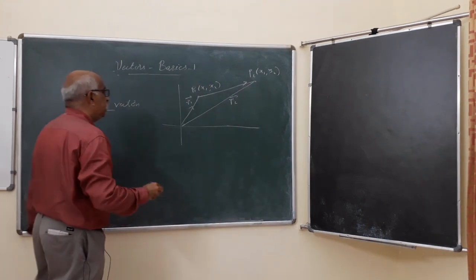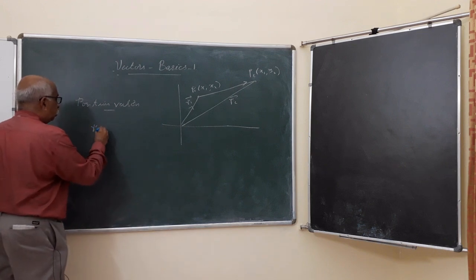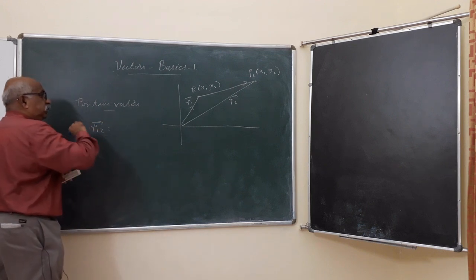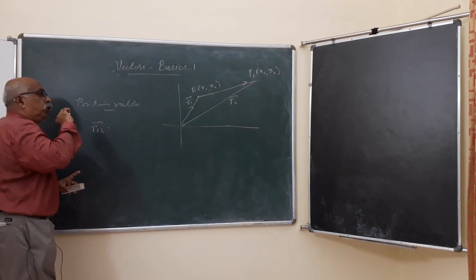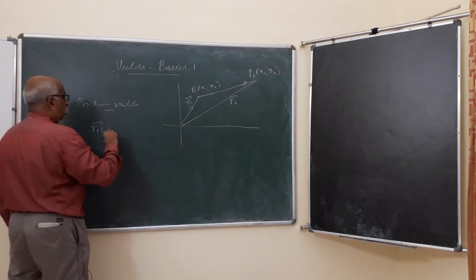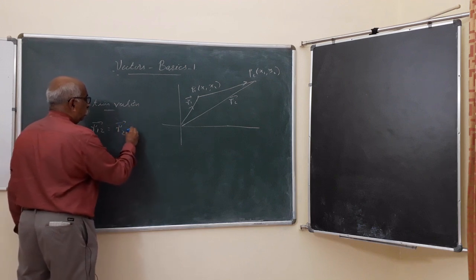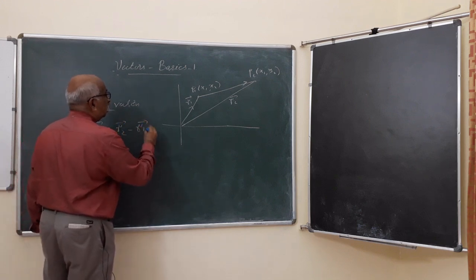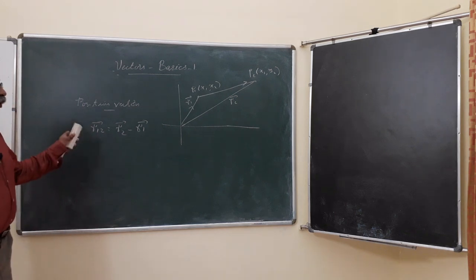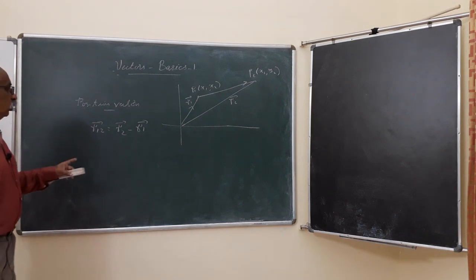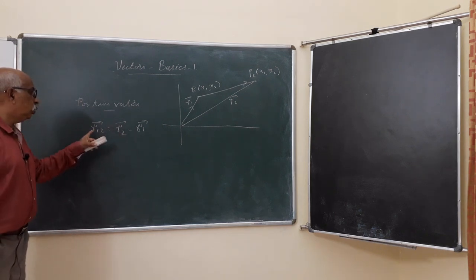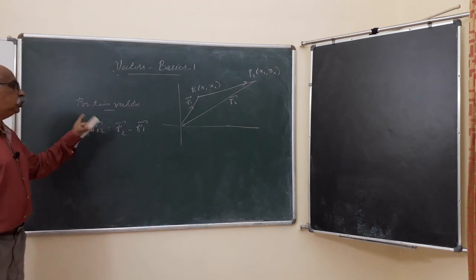What about the displacement vector R12? That is a vector directed from P1 to P2. That is, a displacement vector is given as R2 minus R1. R2 minus R1 is the displacement vector, or R2 is equal to R1 plus R12.